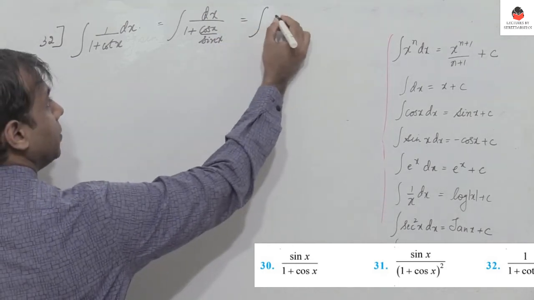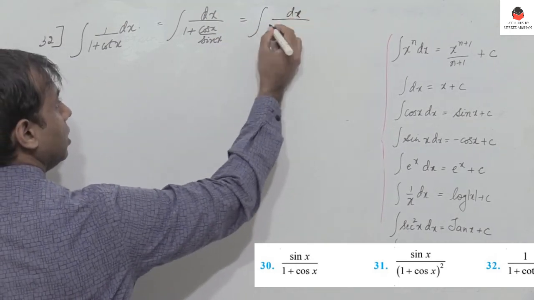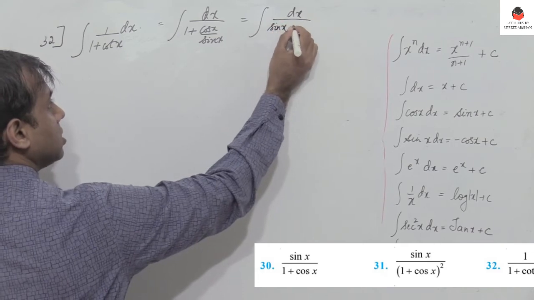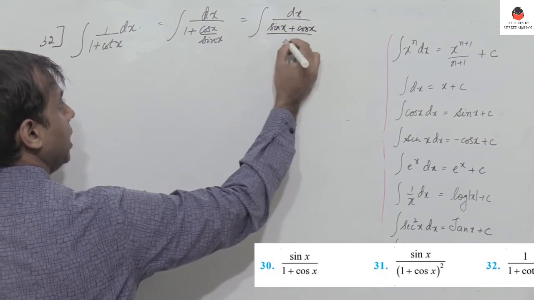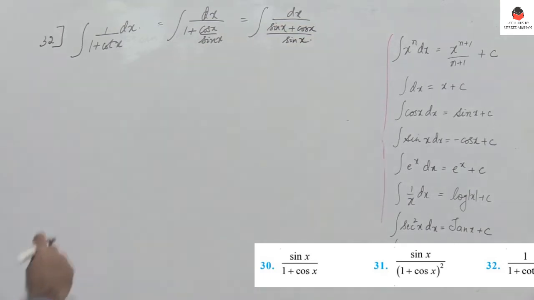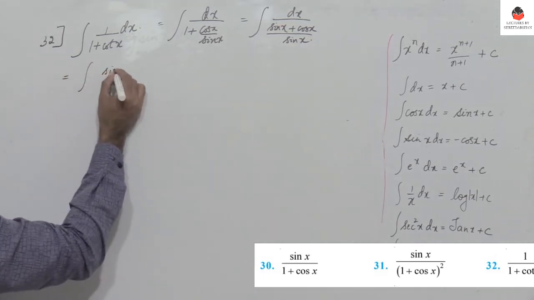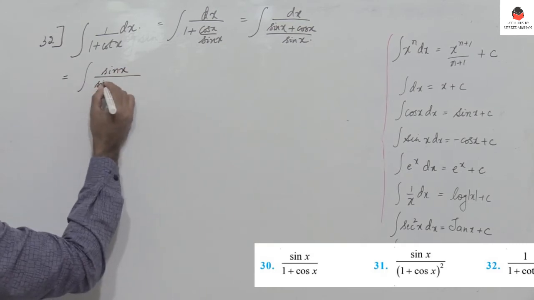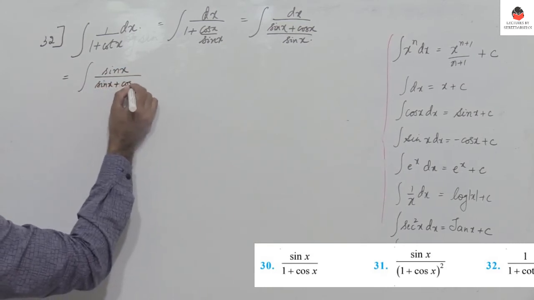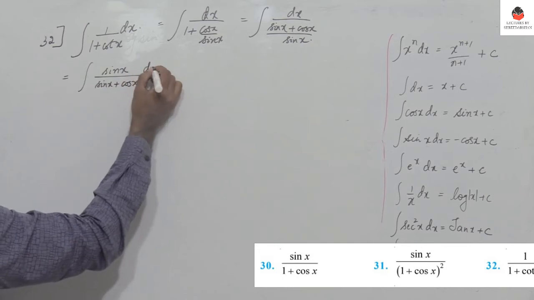So this is dx divided by sin x plus cos x by sin x. So let sin x go on top. So I get sin x divided by sin x plus cos x dx.